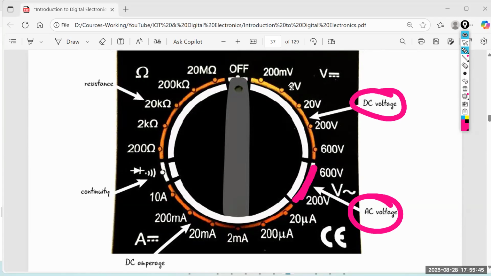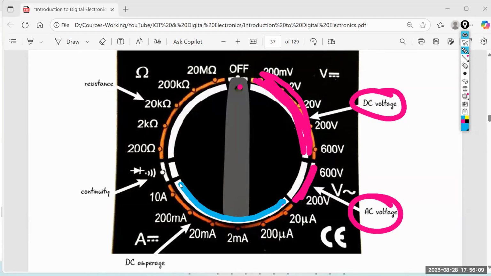So when you measure voltages, you will always set it somewhere here. This knob you can rotate. You will keep it somewhere in this region when you want to measure voltage. When you want to measure current, you will put it somewhere in this region.